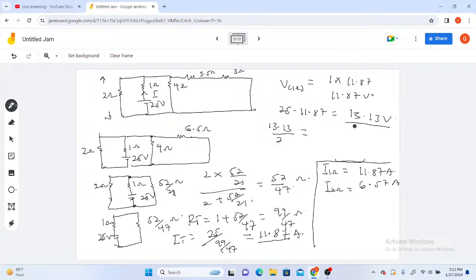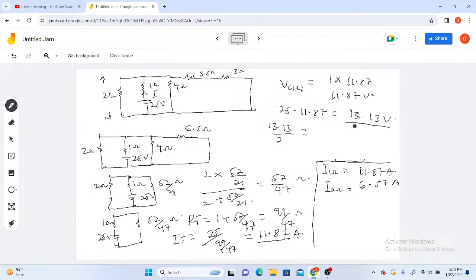So you can clearly see that this is in parallel, this is in parallel. So the voltage across the 2 ohm is the same voltage across the 52 over 21. And the 52 over 21 here is the same as the combination of what? 4 ohm and 6.5 ohms, right? So the voltage across this side is equal to 13.13.